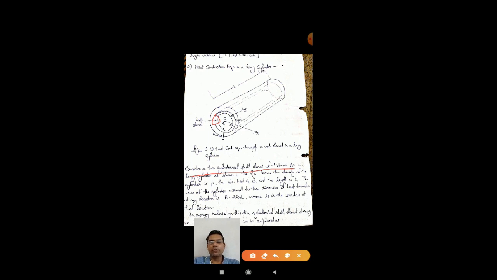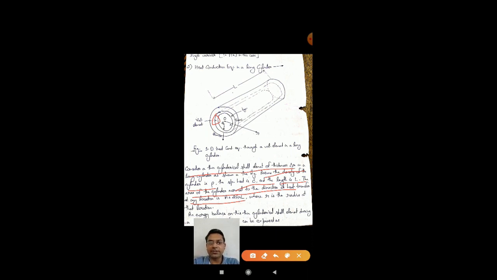As I assumed earlier for the rectangular wall, the same assumption lies here also: the density of the cylinder is taken to be rho and is constant. Specific heat is C, which is also constant, and the length of the cylinder is taken to be capital L, as shown in the diagram. The area of the cylinder normal to the direction of heat transfer at any location is A equal to 2 pi r into L.